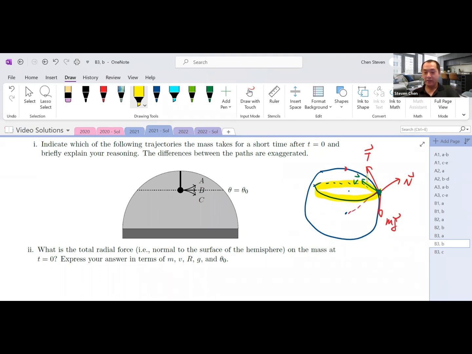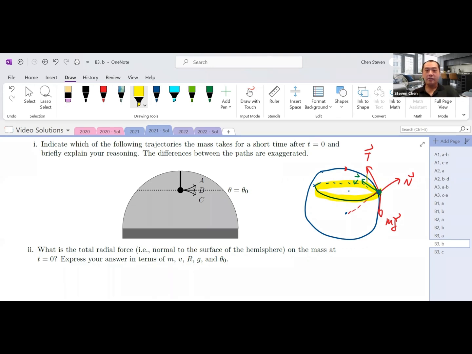That being said, after gaining the initial velocity, the sum of these three forces should point toward the left, right? And that serves as the centripetal force. And let's see, immediately after gaining this initial velocity, which of these three forces might be changed? For gravitational force, it's always the same.